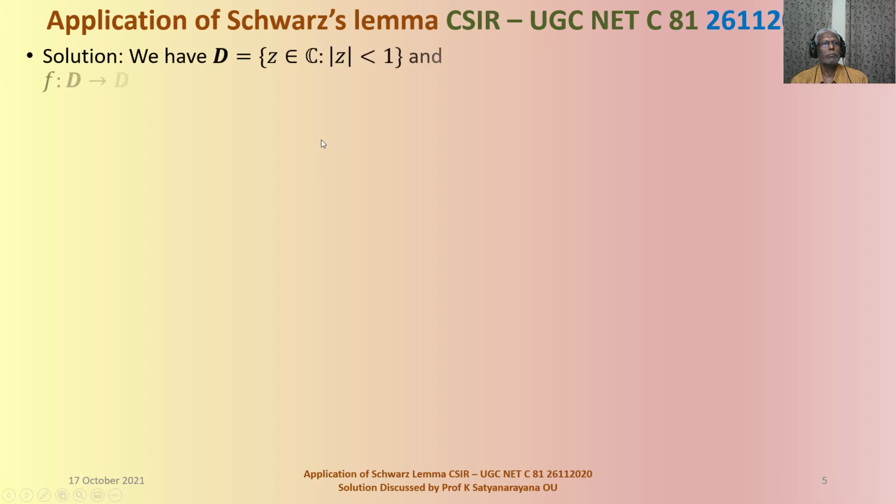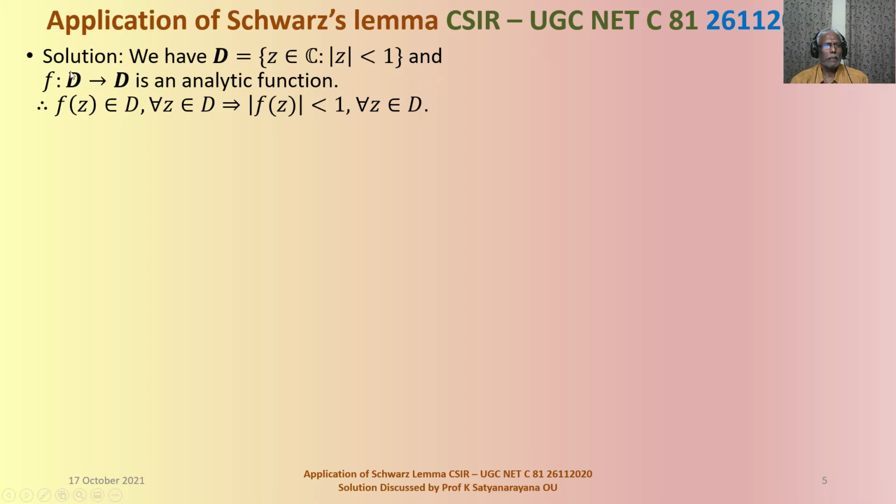Let's now discuss the solution of the problem. We are given that capital D is the open unit disk. It is the set of those complex numbers z belonging to C such that mod z less than 1, and f is a mapping from D to D, an analytic function.